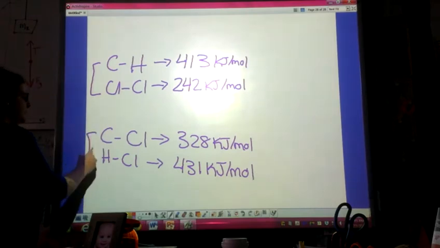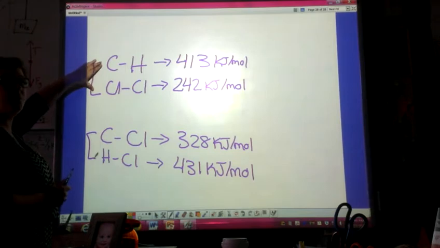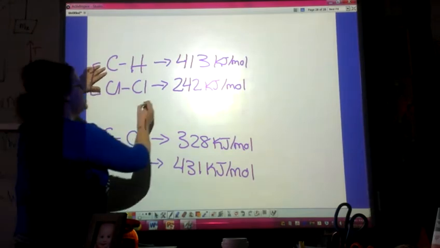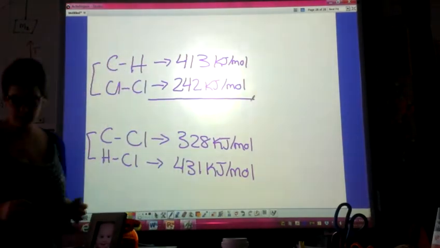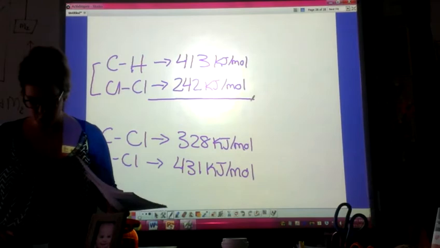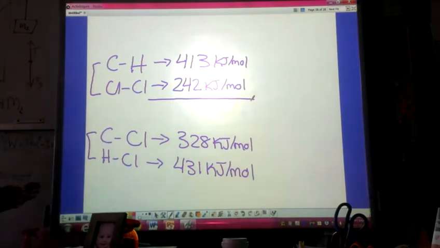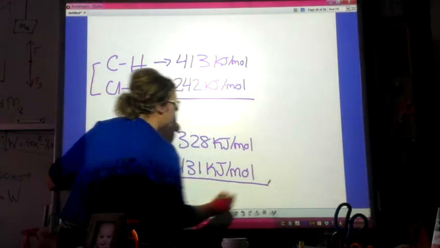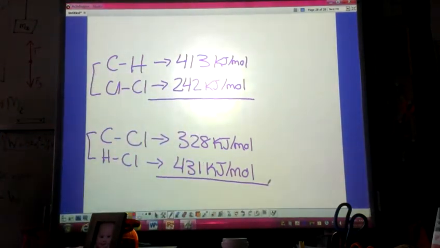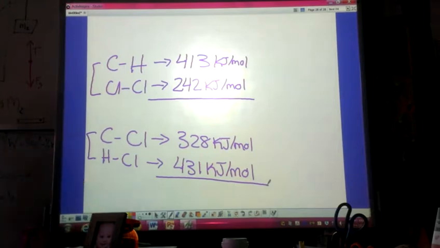My goal is I want to take the sum of the bond enthalpies that I broke, the bonds that are broken, so these two. So I do my 413 plus my 242, and then I want to take the sum of the bonds that I formed, so I want to do 328 plus 431.